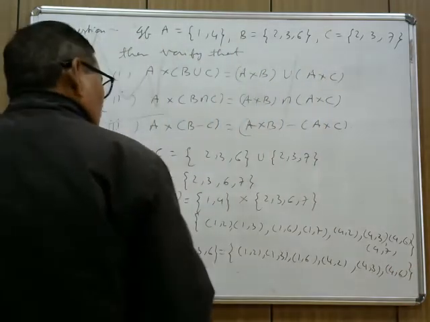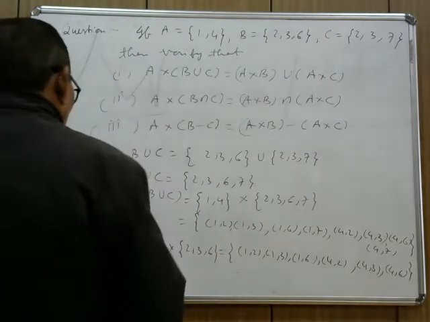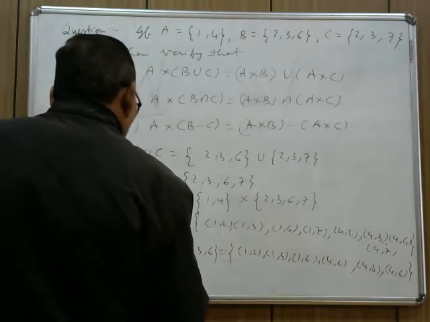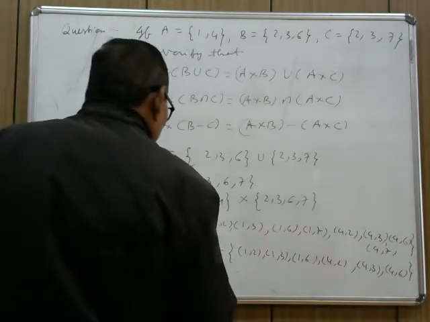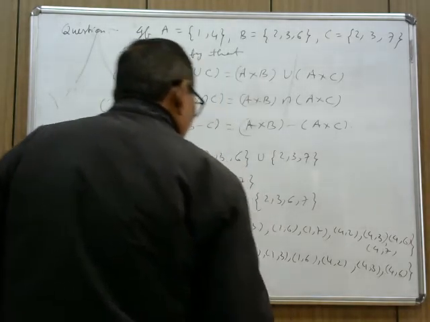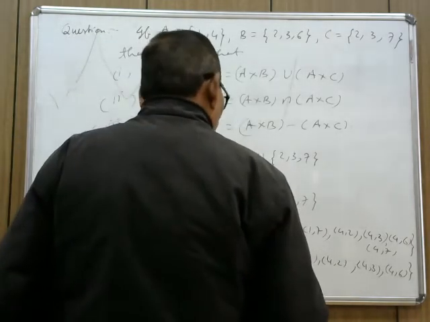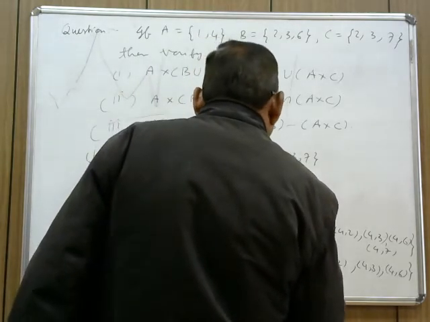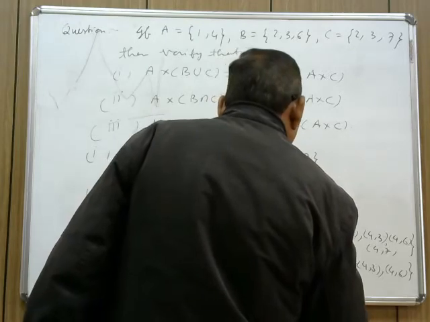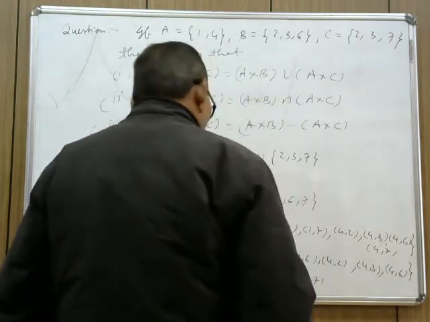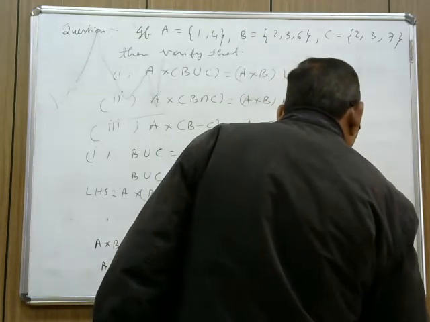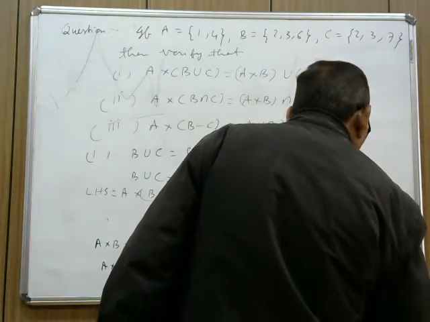This is your A cross B. Now A cross C. Your A is {1, 4}, C is {2, 3, 7}. That is equal to (1,2), (1,3), (1,7), (4,2), (4,3) and (4,7).